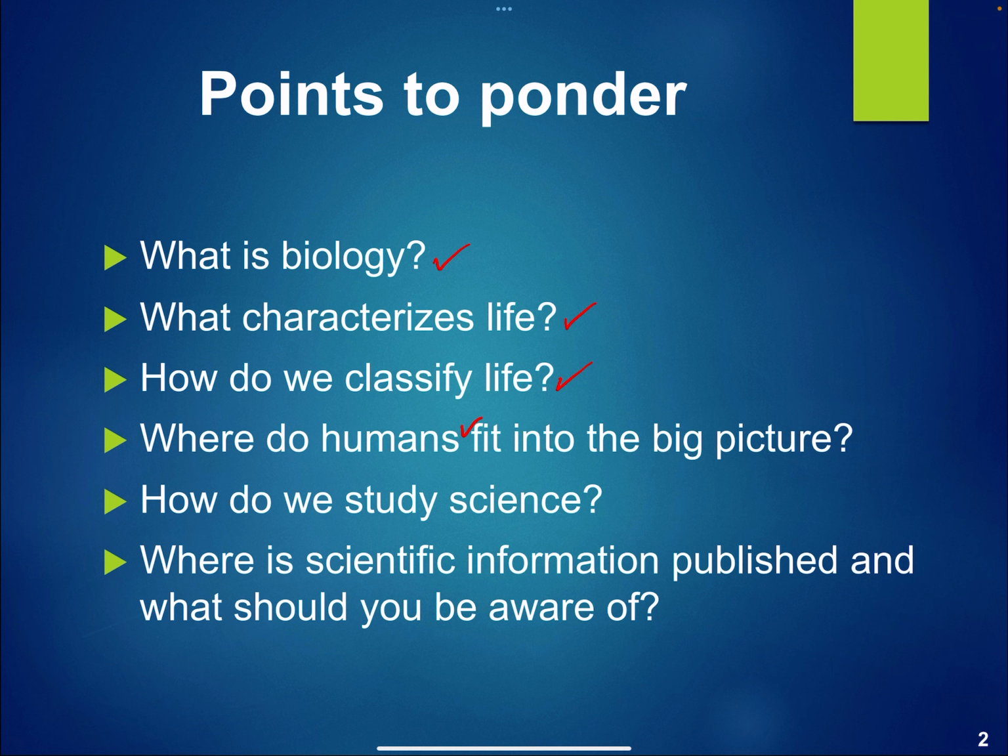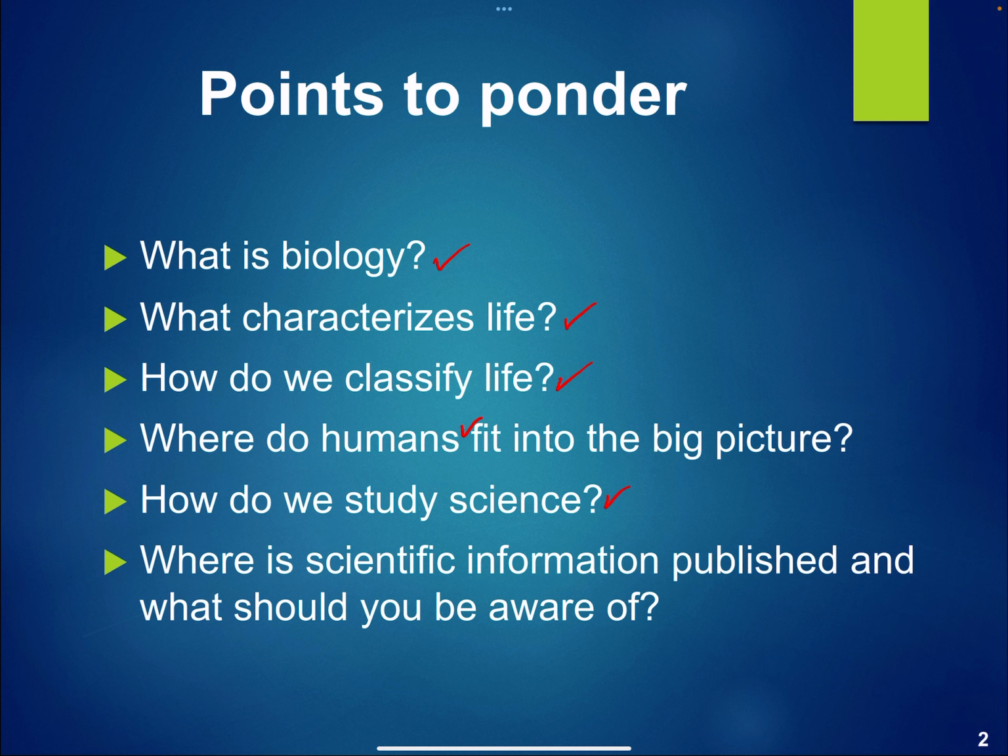And then we are going to address the question about how we acquire knowledge in biology using a scientific approach. What is that approach? And finally, as we gather all this information using a scientific approach, the question is, where do we publish that information to communicate it to people, right?